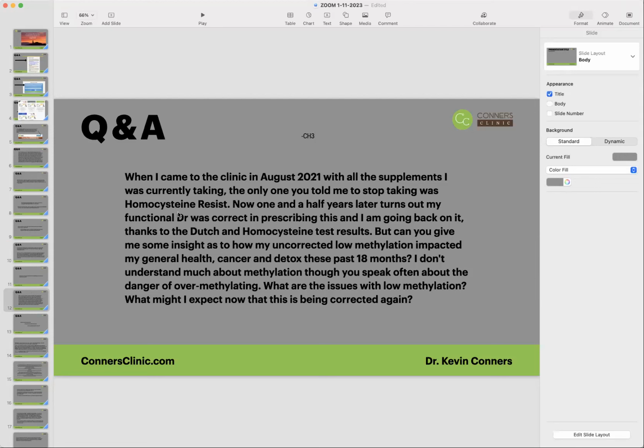Those methyl groups function inside the cells at the nucleus, and they help silence genes. They turn off different genes, which is good and bad. If you have cancer and you have excess methyl groups, you stand the potential of turning off what are called tumor suppressor genes. Tumor suppressor genes are genes that turn on when there's cancer growth.